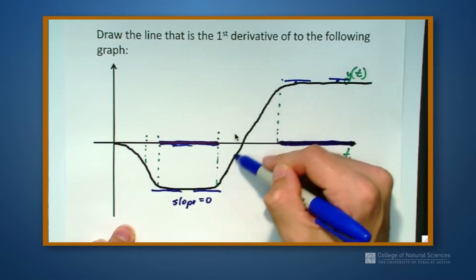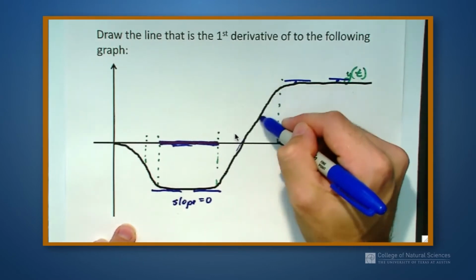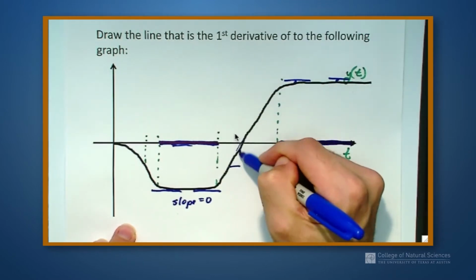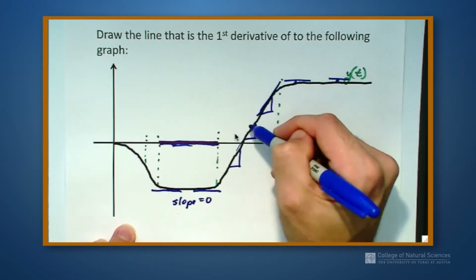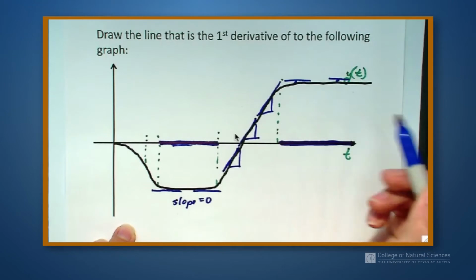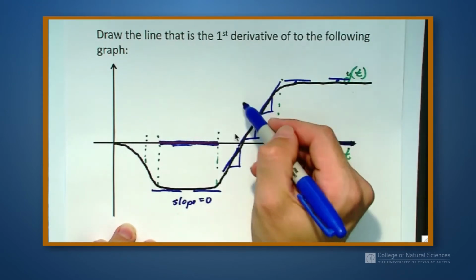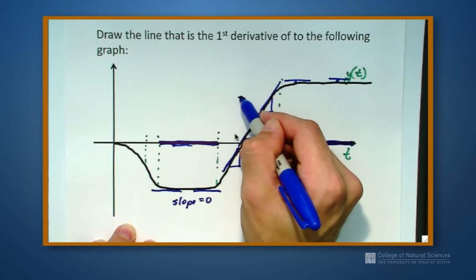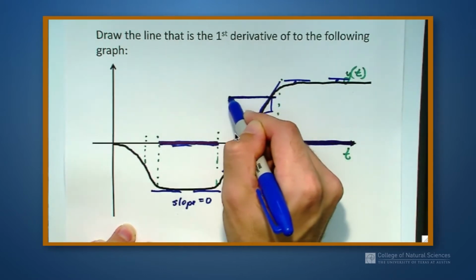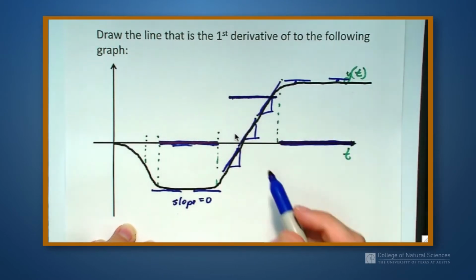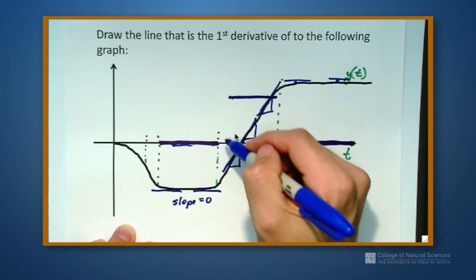This region in the middle right here, well, it looks like it's a straight line, but it has some slope. But we'll see that the slope here, the slope there, the slope there, all of these slopes are the same value. They're a positive value, so I'm just going to say it's at some positive value up here. But what we get is that it's a positive constant value. The slope doesn't change, so the value of the slope doesn't change.